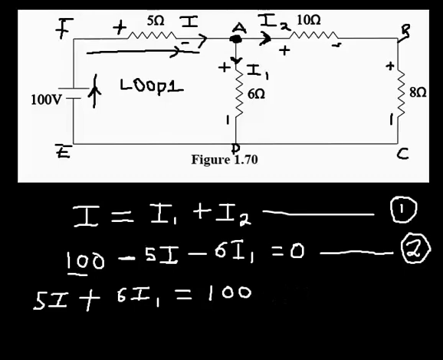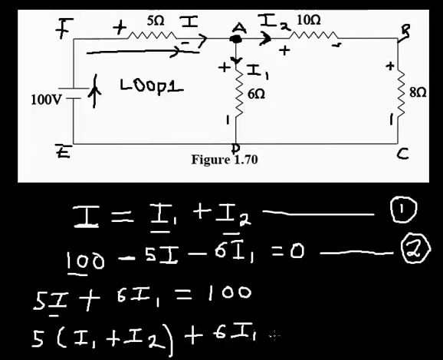But before I itemize that equation 3, remember what I told you: the total current I is equal to I1 plus I2. So in that case, this is going to be 5 multiplied by (I1 plus I2), then plus 6I1, equal to 100.